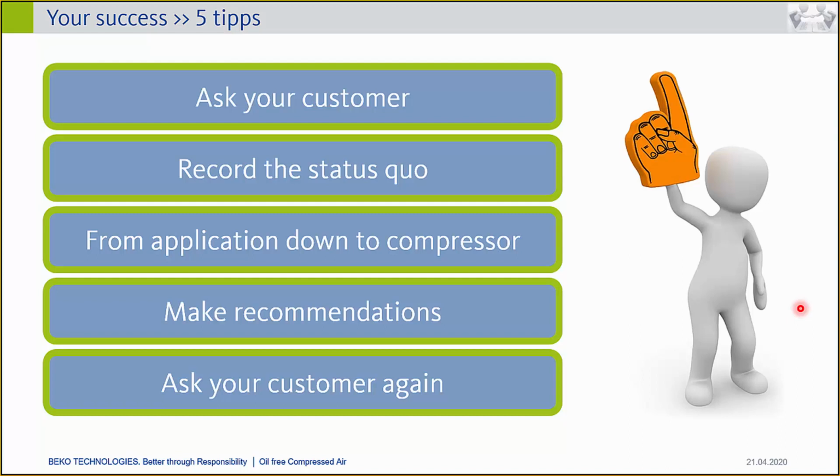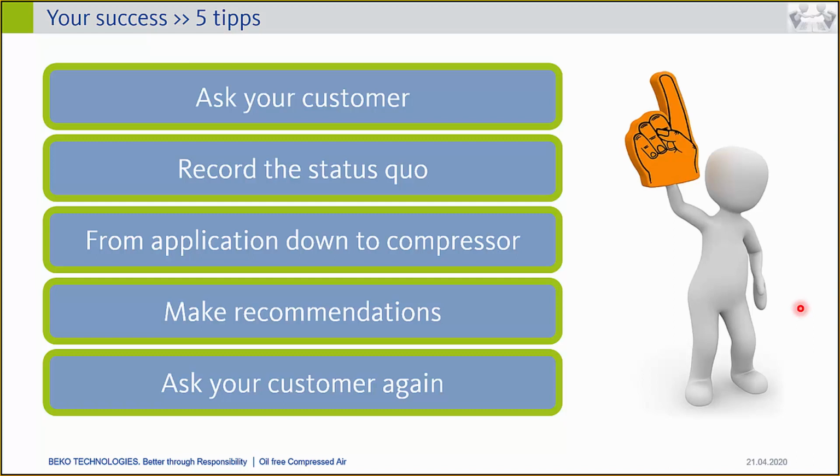It depends on the size of the compressed air station that has been built up or integrated. It has two positive side effects. One is that we get more experience of how the situation looks after a period of time. The second is that the customer feels happier if we are continuously interested in the good quality of his application and in the good performance of the compressor station.